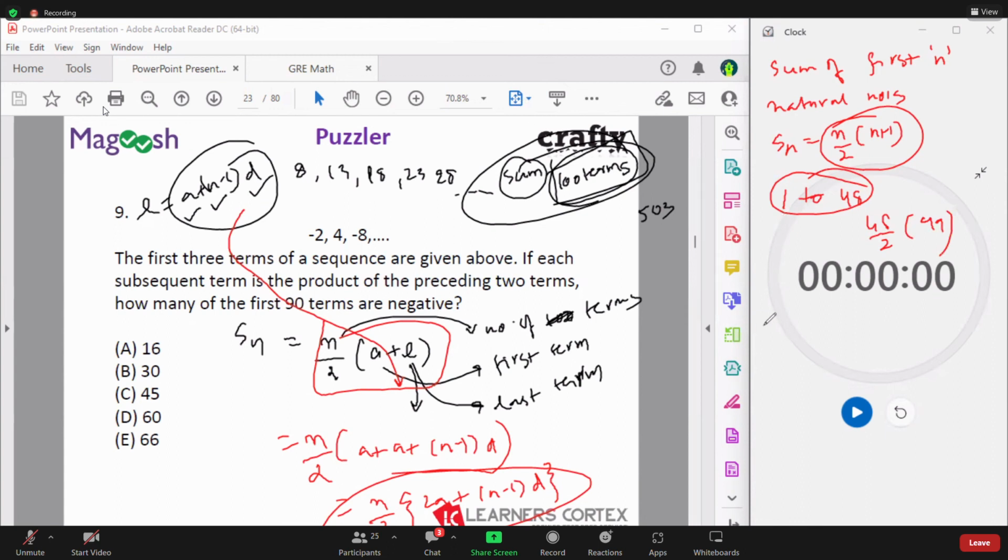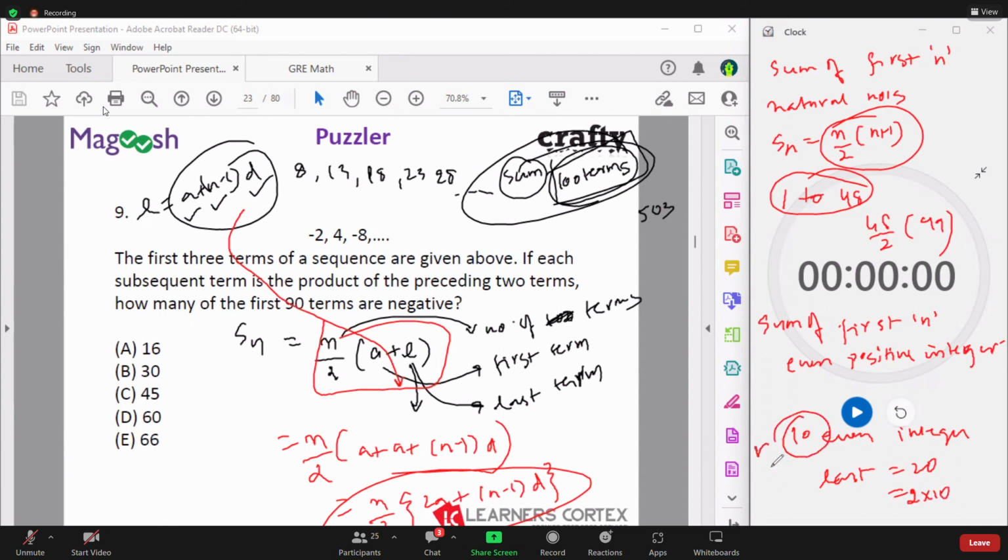Okay, similarly, let's say the sum of the first n even positive integers. If there are 10 even positive integers, the last would be 20, which can also be written as 2 into 10.